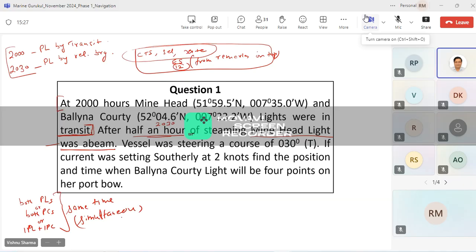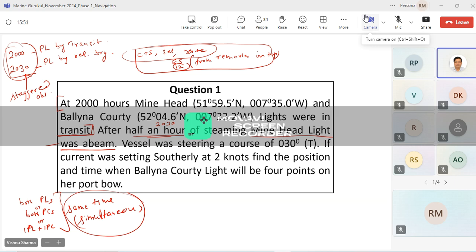Today, they are not for the same time, they are staggered, separated by half an hour. These are called staggered observations. So we have the PLs, but unfortunately they are not simultaneous. They are separated by half an hour interval.